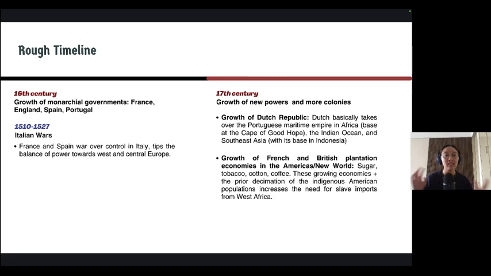And just as a sample of what wars are taking place to determine territorial boundaries, we have the Italian wars from 1510 to 1527. So in this set of wars, France and Spain are actually warring over control in Italy.